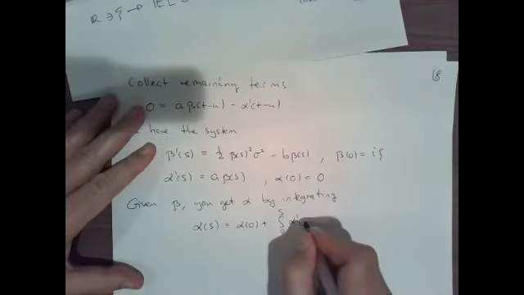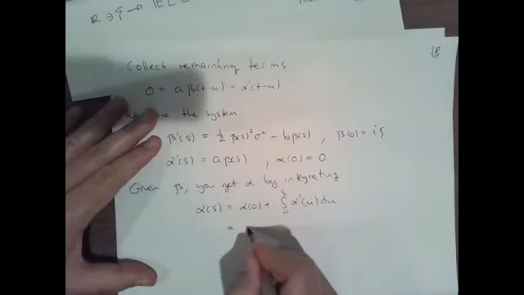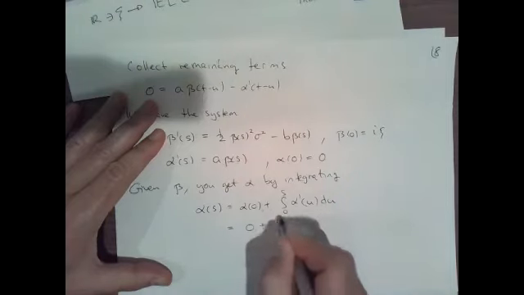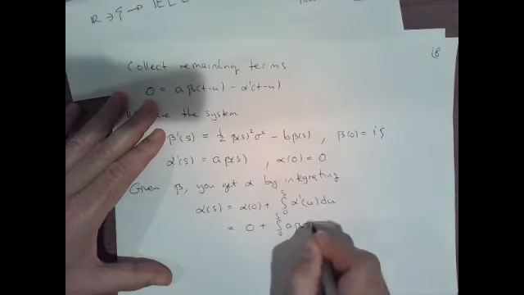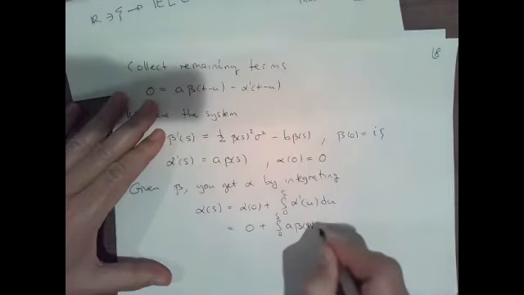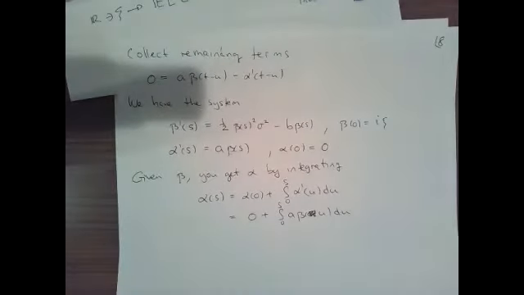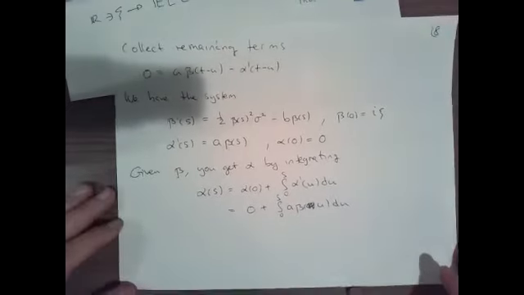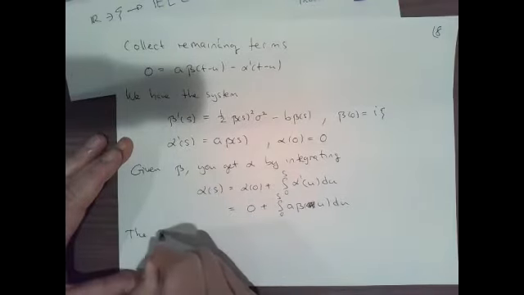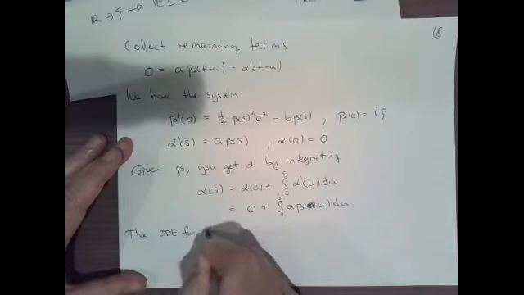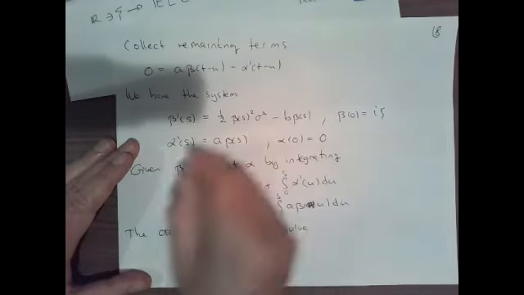I think we're running out of letters here. alpha(0) was 0. Alpha prime was a beta(u), yes, we have a u here. So if you know what beta is, you get alpha by integrating. And if you look at the equation for beta, the ODE for beta does not involve alpha.